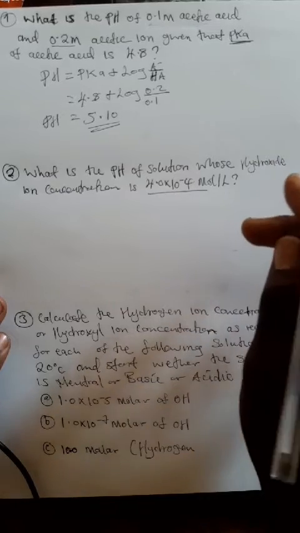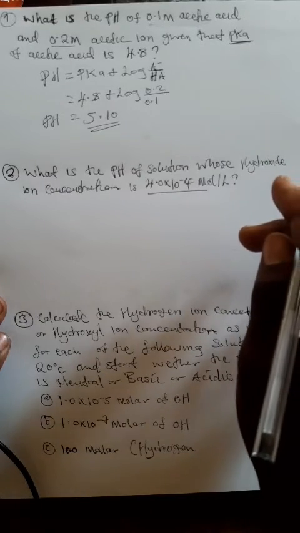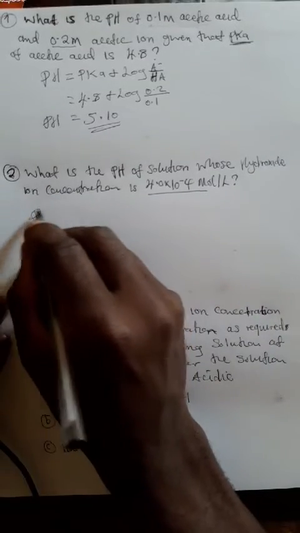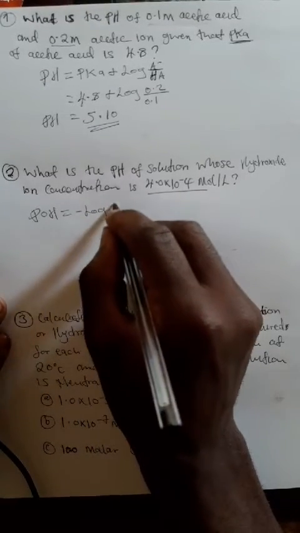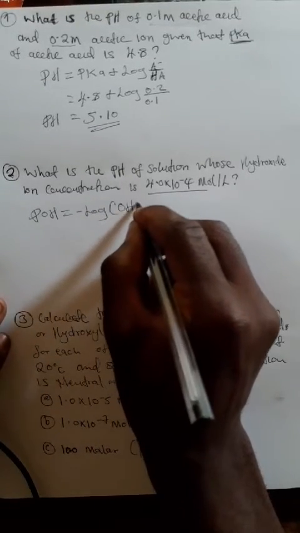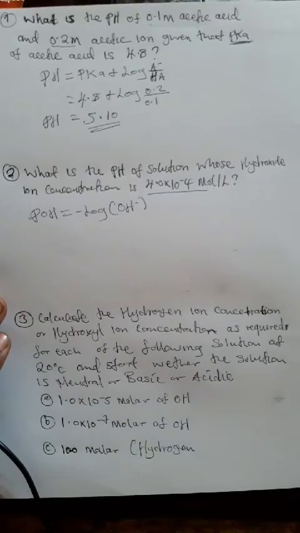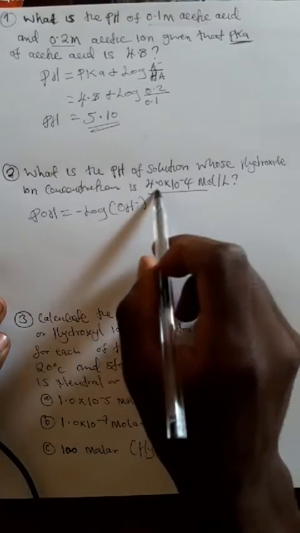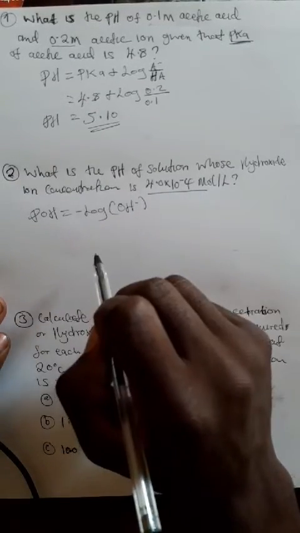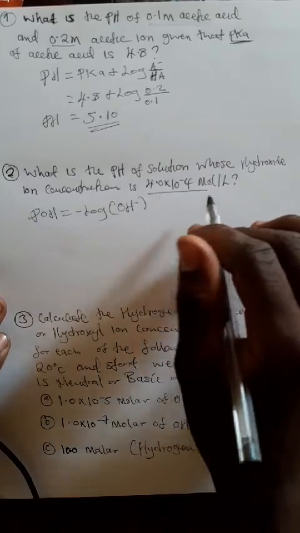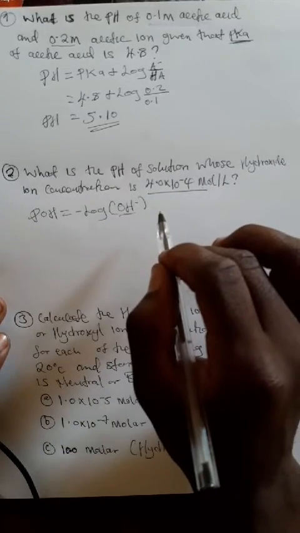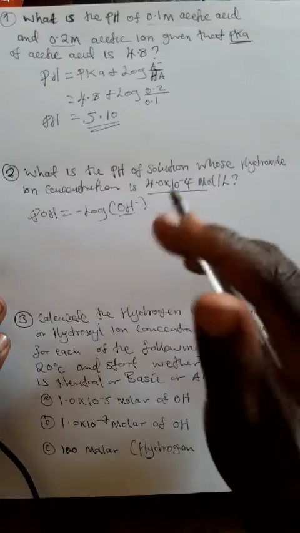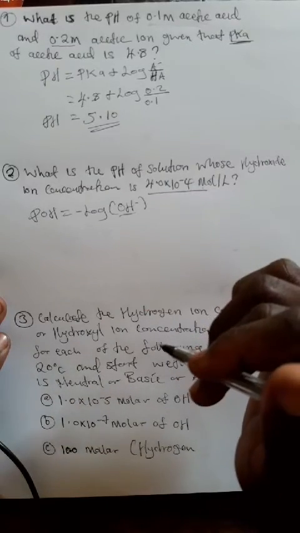First, we are going to calculate the pOH, which is given by negative log of the concentration of hydroxide. So we are going to plug in this value of hydroxide concentration into this. Thereafter, we are going to find the pOH.